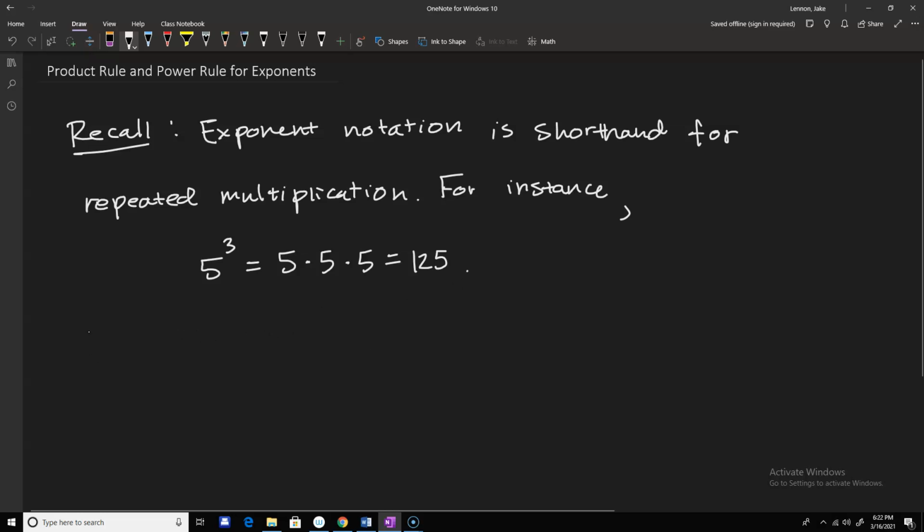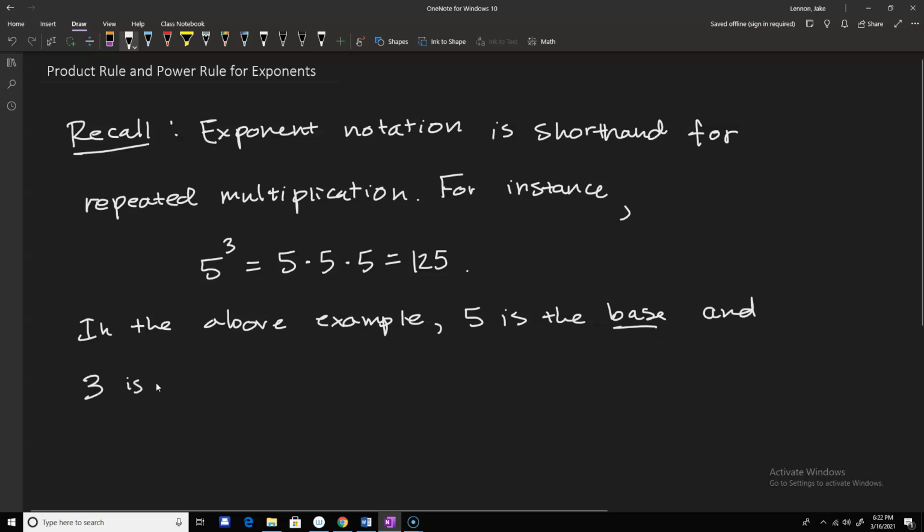So in the above example, five is the base. It's called the base, and 3 is the power or the exponent.